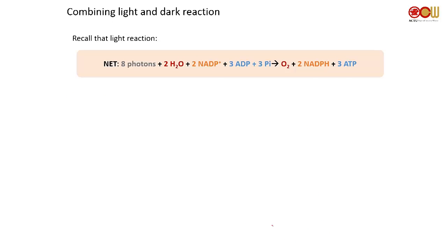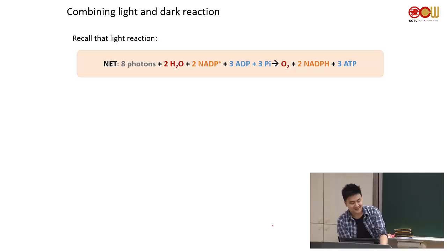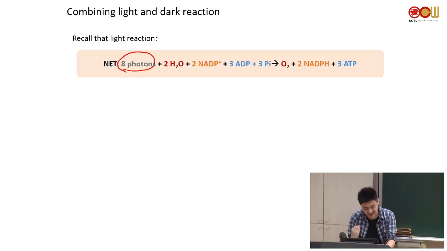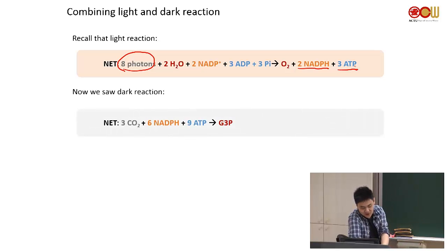Okay, this is photosynthesis. Alright, recall light reaction. Okay, we can take 8 photons and make 2 NADPH and 3 ATP. Okay, please remember this. And it just so happens that we saw in the dark reaction, for every 1 G3P you want to produce, you need to have 3 CO2.